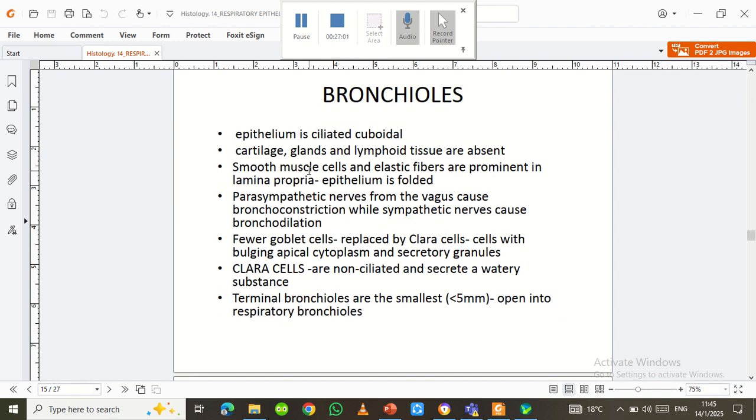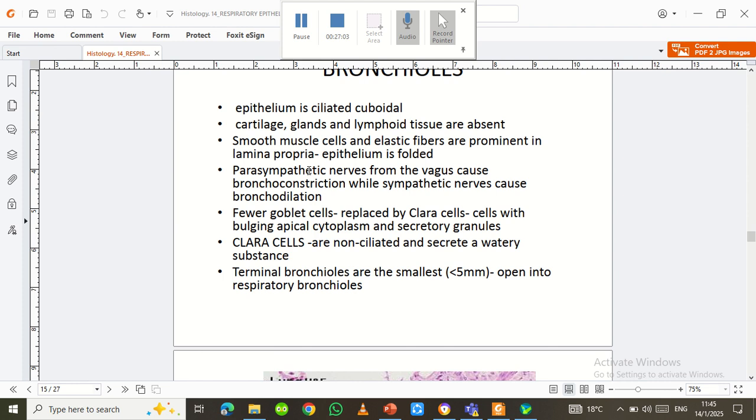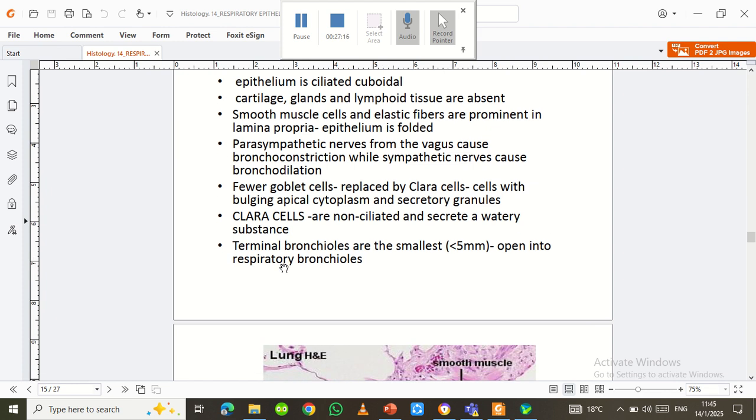Good. So we said as we go down, you're going to have fewer goblet cells. You understand? The goblet cells are going to be replaced by a new set of cells called the Clara cells.